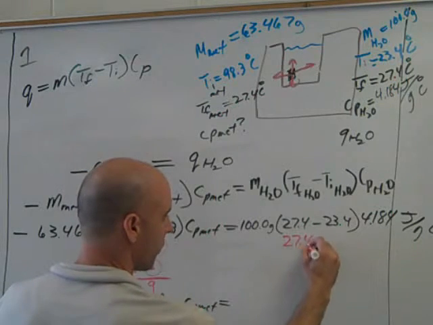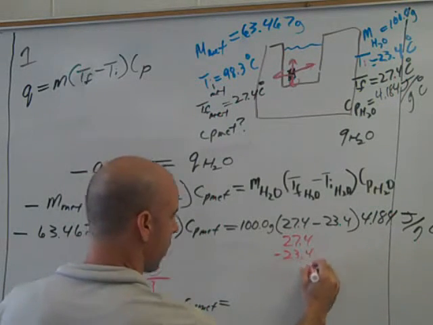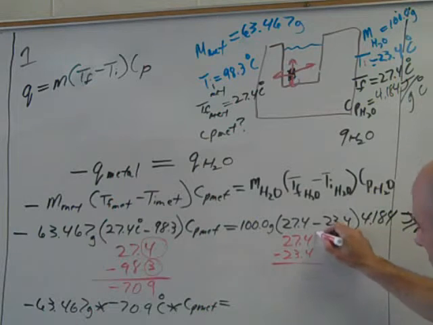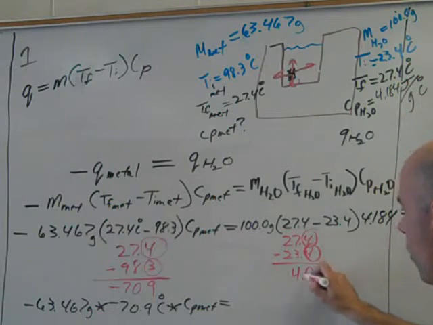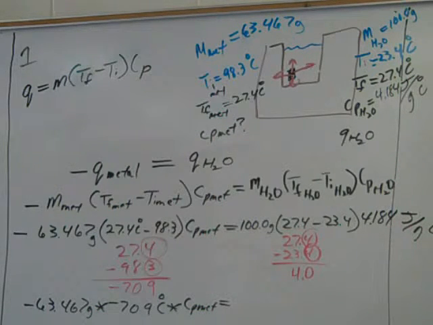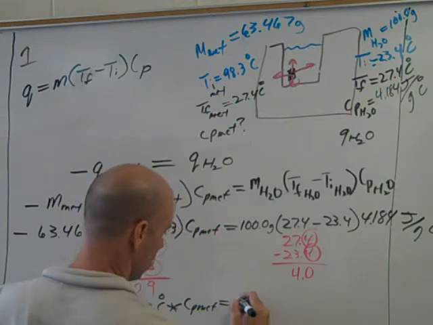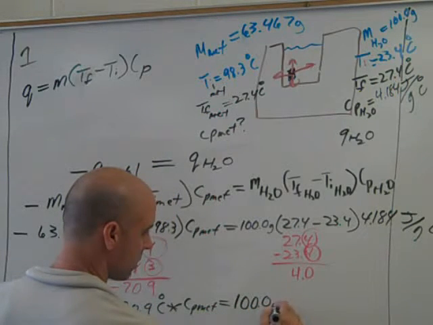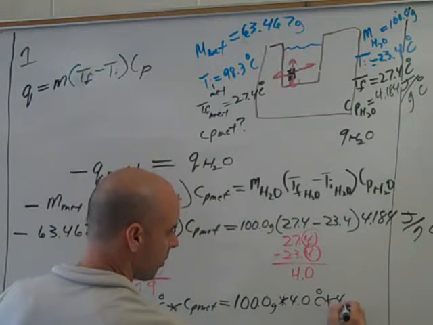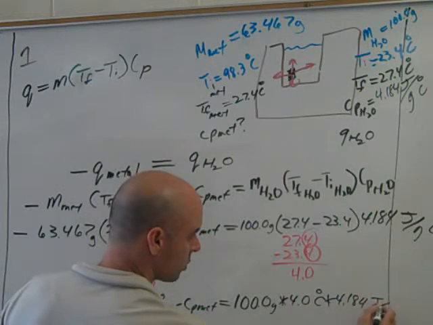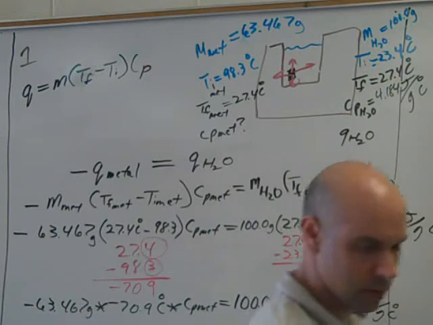It's 27.4 minus 23.4. Here's my guess. I round to the tenths. I end up with 4.0. So 100 grams times 4.0 times 4.184 joules per gram degrees Celsius.